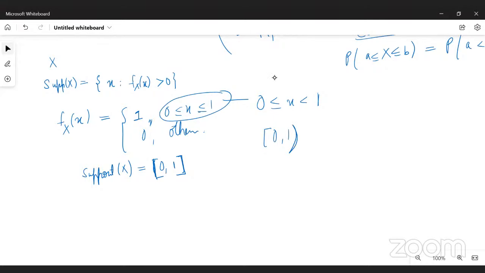So you should just keep this in mind. You have to take all those x that the random variable is taking, such that the probability density function f_X(x) is greater than 0.